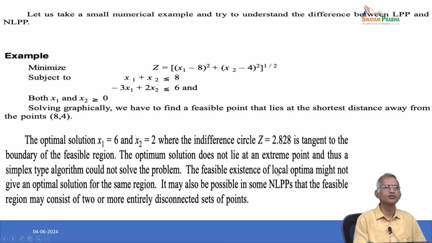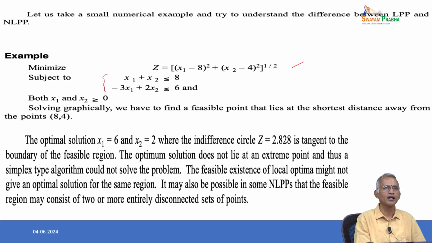Now, let us go to a small numerical example to understand the difference between LPP and NLPP. For example, take z equal to the square root of (x1 minus 8) whole squared plus (x2 minus 4) whole squared, subject to the constraints x1 plus x2 less than or equal to 8 and minus 3x1 plus 2x2 less than or equal to 6. Here both x1 and x2 are positive.